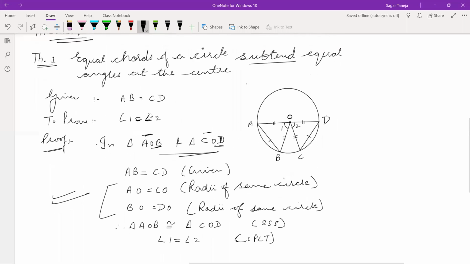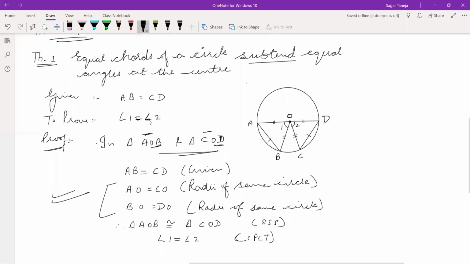Note it down. Then we'll move to the next, the converse of this theorem. We have to do these two theorems, then we'll do the exercise. Good, Navan. Just right after this, hence proved.